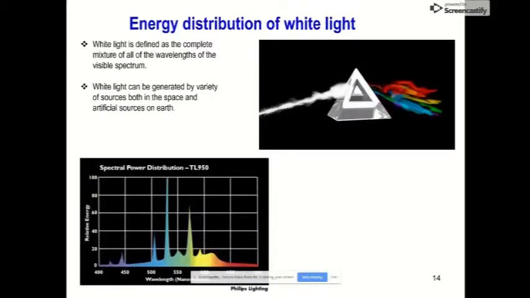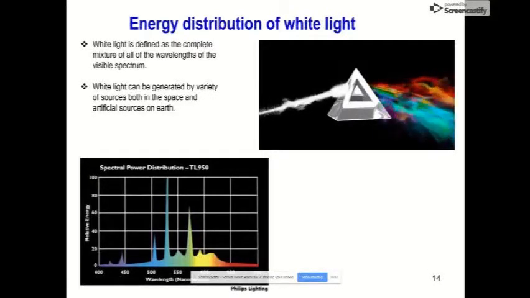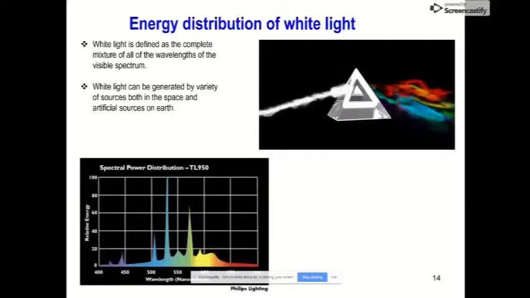Now the energy distribution of white light. As I said earlier, Newton placed a prism under the sunlight. White light is a combination of all seven colors, and this white light is produced by white light sources like natural sources, stars and the sun, and artificial sources like LED bulbs. You can see the diagram here.